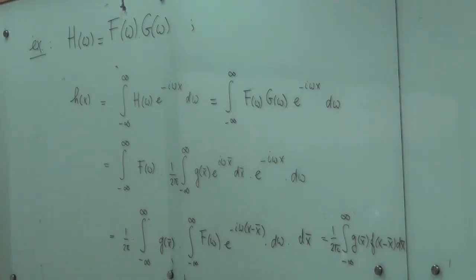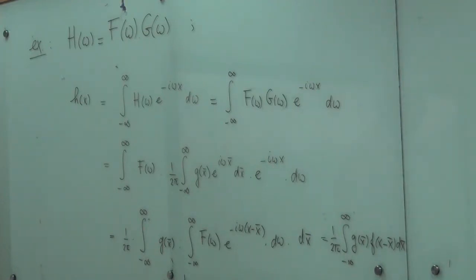So I get as an answer 1 over 2 pi, integral from minus infinity to plus infinity, g(x bar) f(x minus x bar) dx bar.